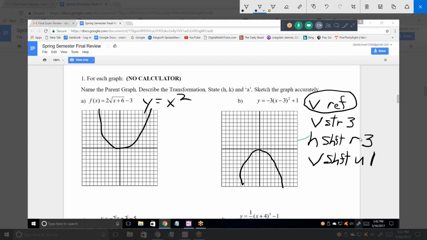The horizontal shift to the right. So I'm just going to put my new vertex there. It's going to look just like the same shape as my black curve. Okay. Now the next one I'm going to do is that. Up one. I'll do that in a different color.